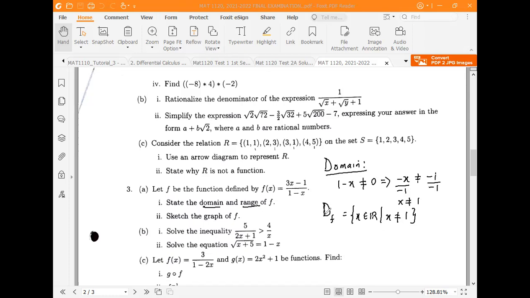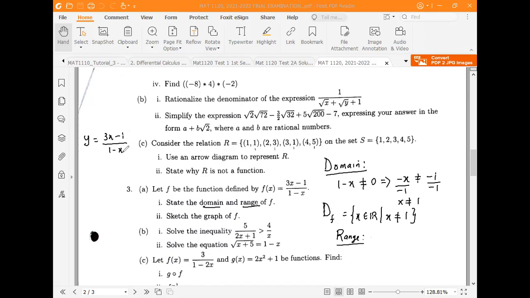What about the range? For now, I want to limit you to finding the inverse. So let's find the inverse. Every time we did the limit, now I want us to find the inverse. So you let y be equal to 3x minus 1 over 1 minus x.